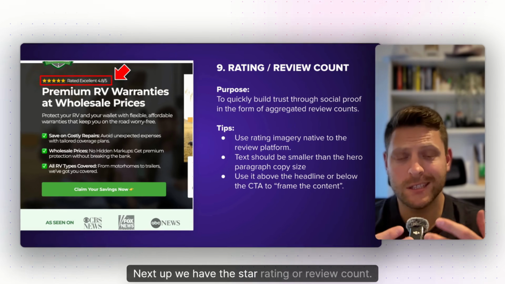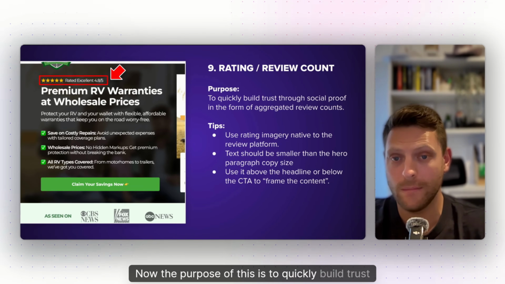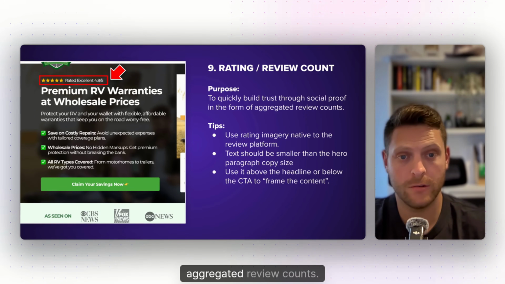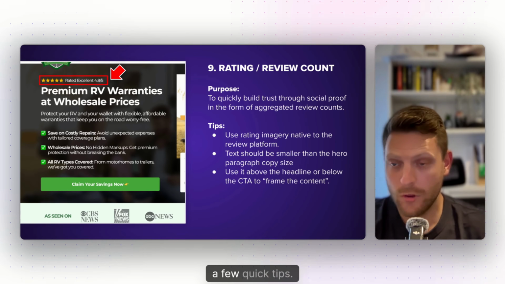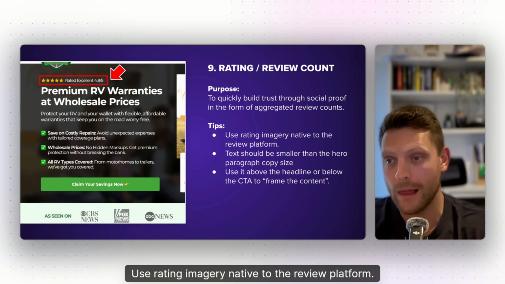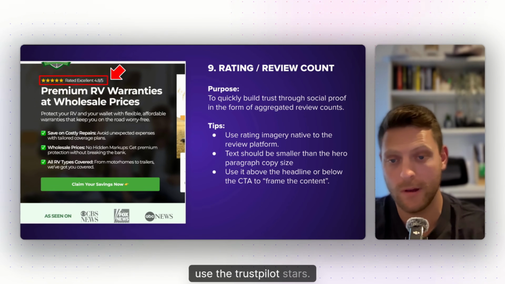Next up, we have the star rating or review count. Now, the purpose of this is to quickly build trust through social proof in the form of aggregated review counts. A few quick tips: use rating imagery native to the review platform. So if it's Google stars, use the stars from Google. If it's Trustpilot, use the Trustpilot stars.